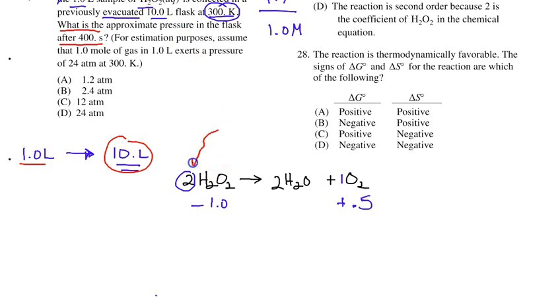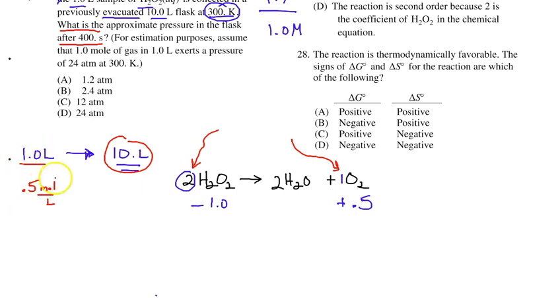Can you see the stoichiometric difference here? This is a 2 to 1 ratio. So this lost 1. This didn't gain 1. It gained half as much because the coefficient is 1. That's very important. All right. So we know that we now have in that 1 liter flask 0.5 molar, which means I have 0.5 moles in a liter, right?